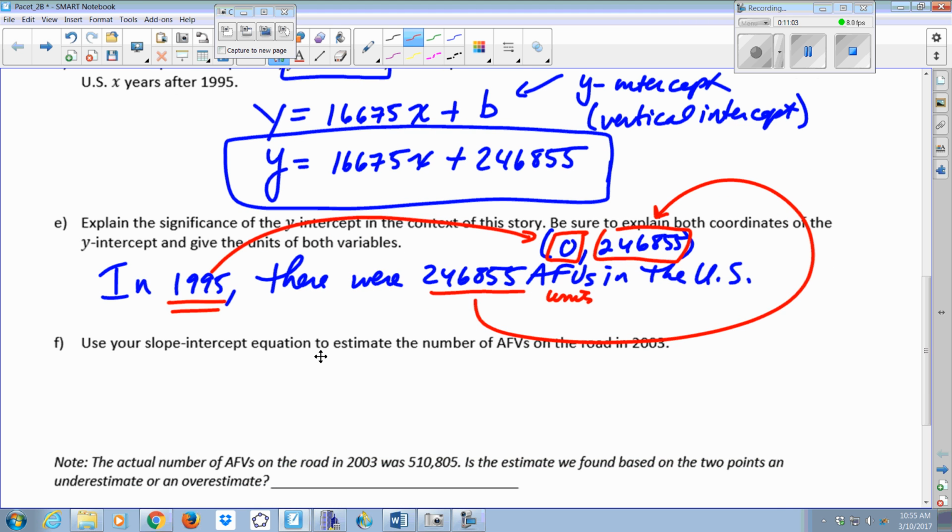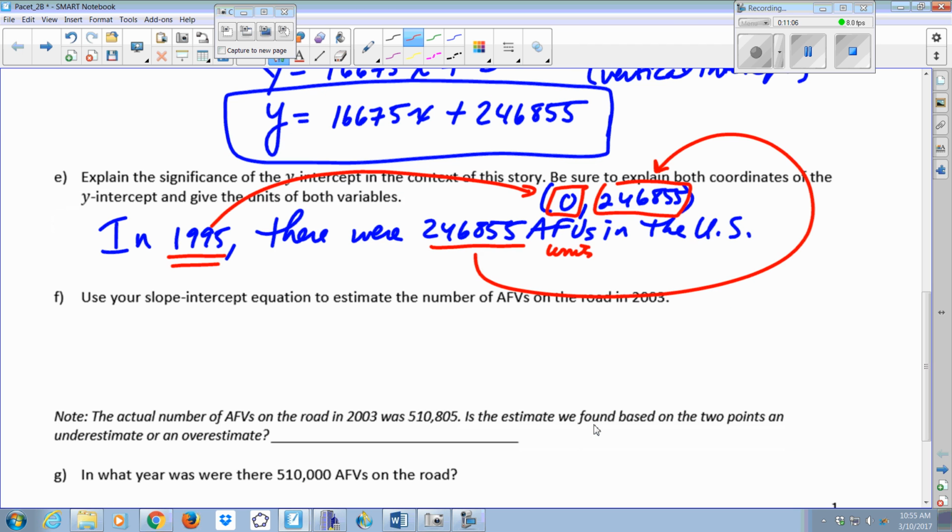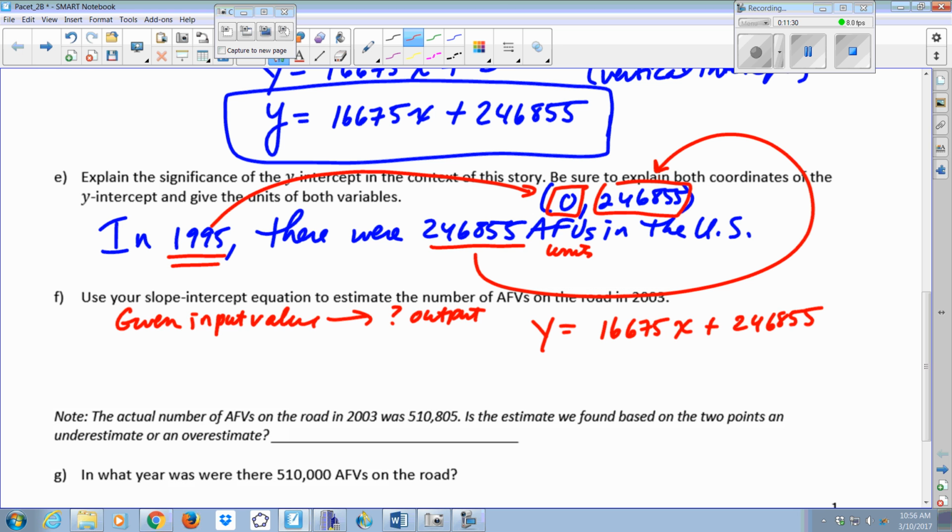Okay. Use your slope-intercept equation to estimate the number of AFVs on the road in 2003. Okay, so this is a situation where you're given your input value and I'm asking you to find your output value. So you take your equation, y equals 16675x plus 246855, and you say, all right, I already know what my input value is, so I just replace my variable x with that number.